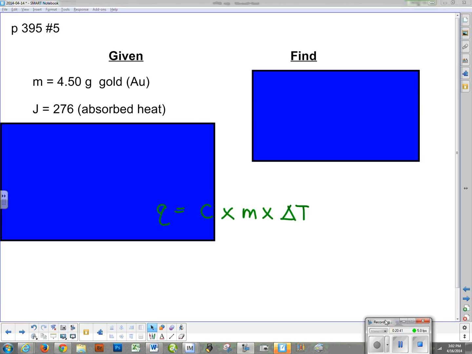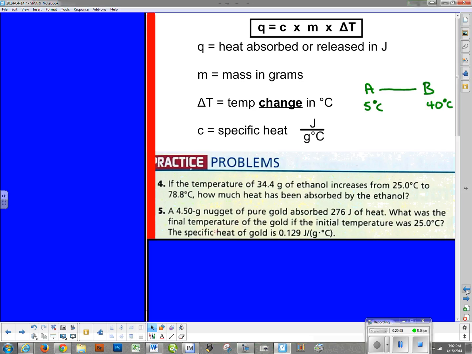Okay? So, what do you have for the last given? Come on, they've given you something else. Here's the problem again. What else are we given? Is that a temperature change, or what is it? What kind of temperature is this? Initial temperature.